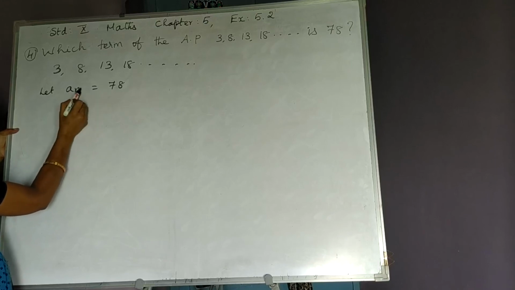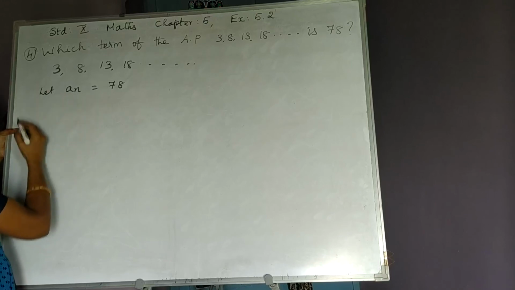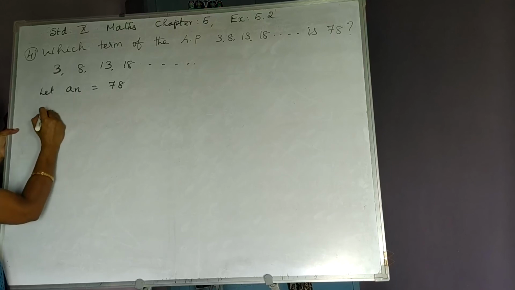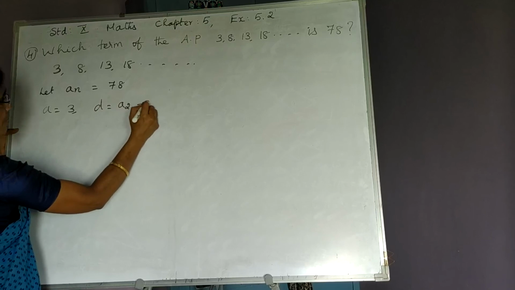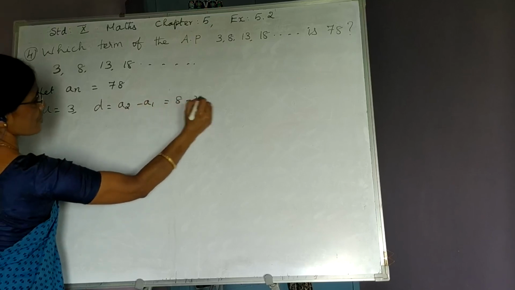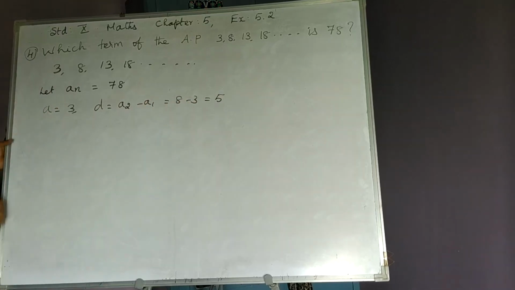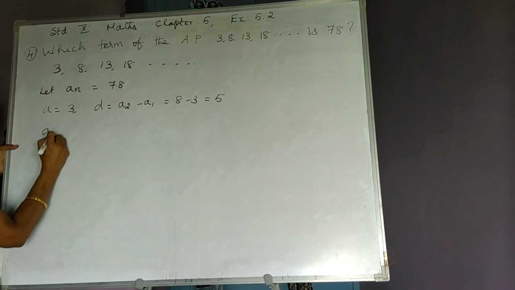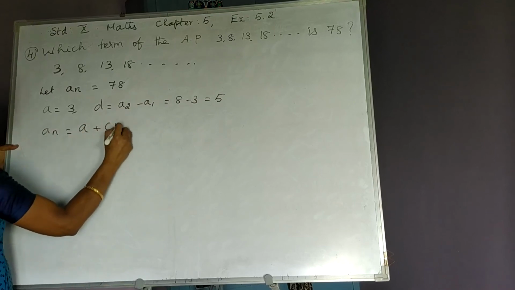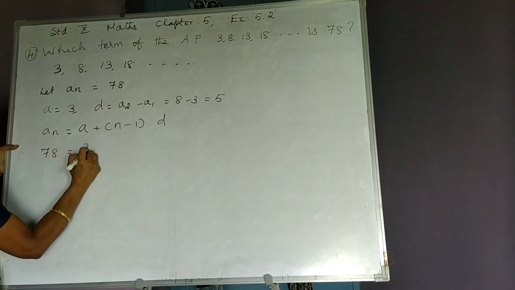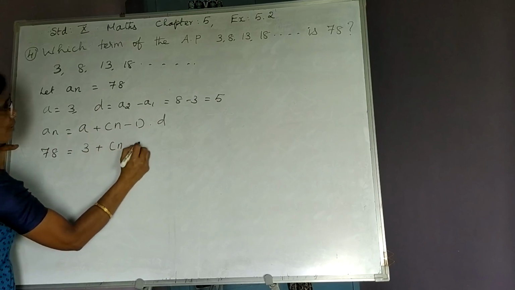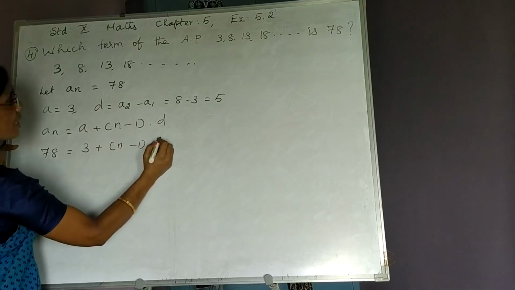Using this value of n we are going to find out. So what is A here? A is equal to 3. D is A2 minus A1. 8 minus 3, which is equal to 5. An formula is A plus (n minus 1) into D. An we have assumed as 78. A value is 3. N we are going to find out, and D value is 5.